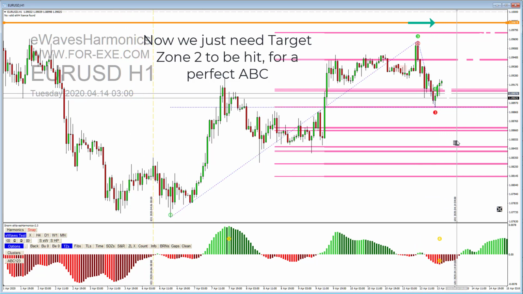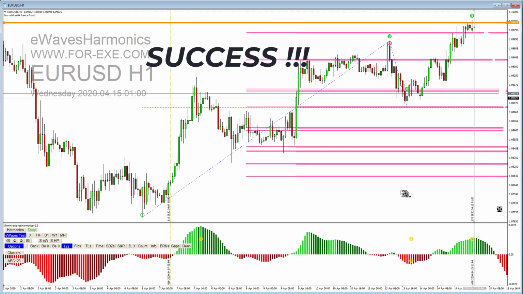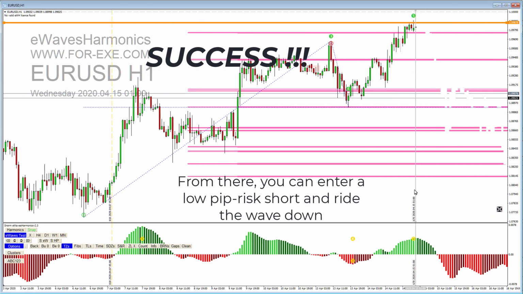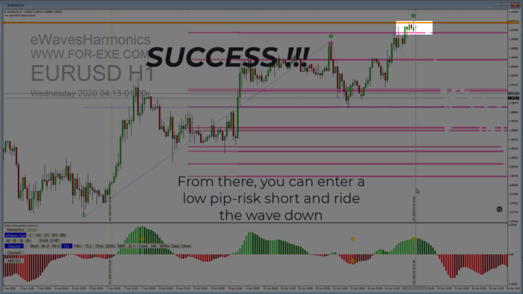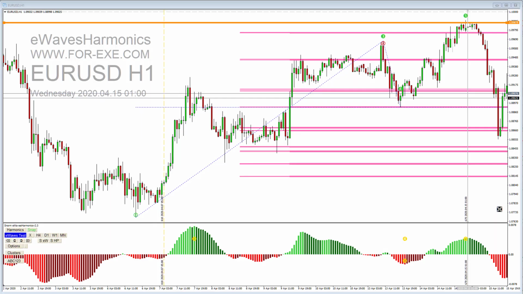And if all goes well, it gives us our perfect ABC. And once it's hit our ABC target, we can then look to continue the downtrend with a very low pip risk entry.